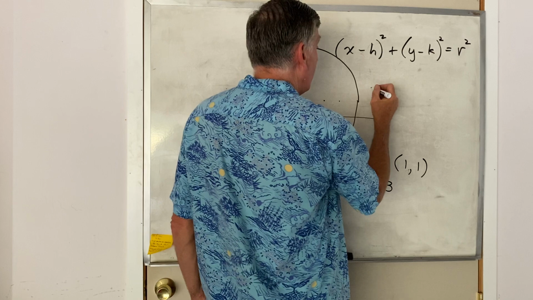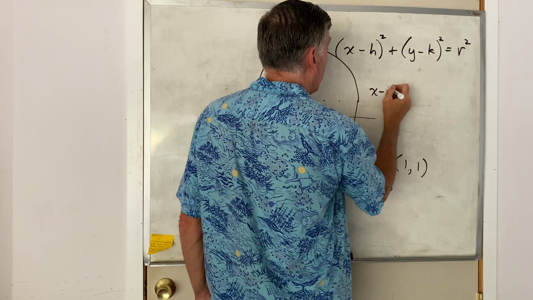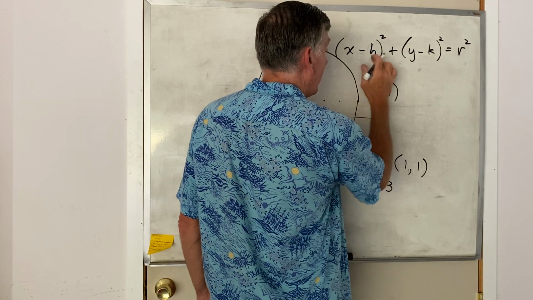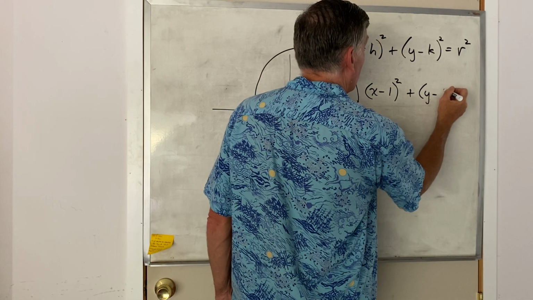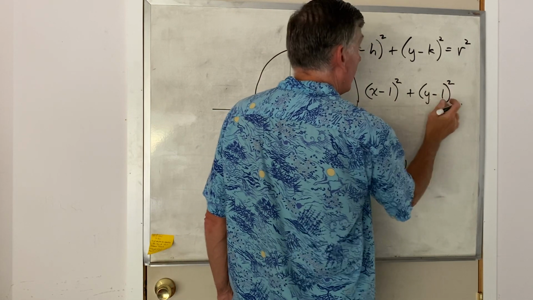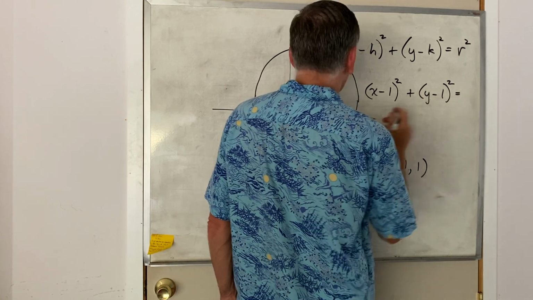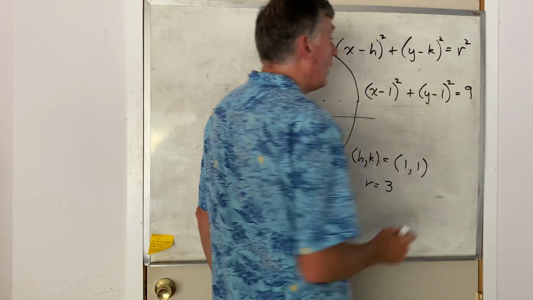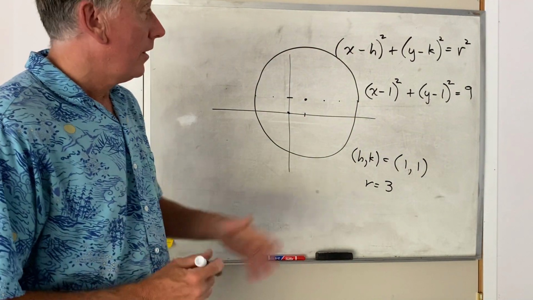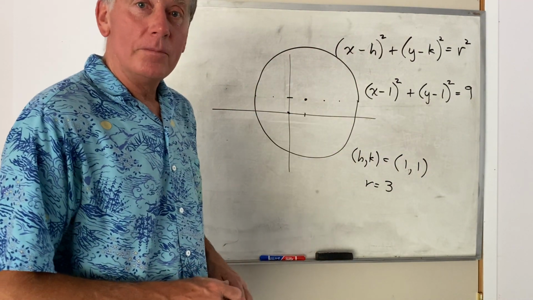And the equation is going to be x minus 1, that's my h squared, plus y minus 1 squared, that's my k, is equal to, and my radius is 3, 3 squared is 9. That's the equation of this circle.